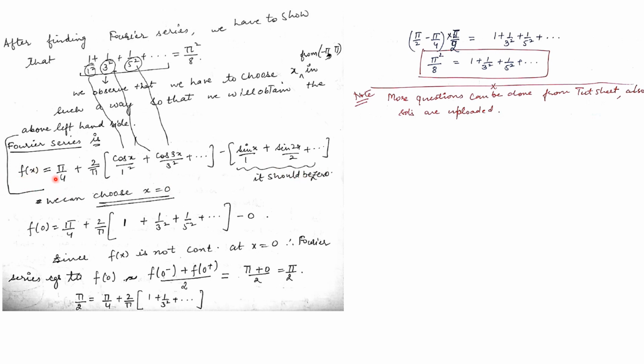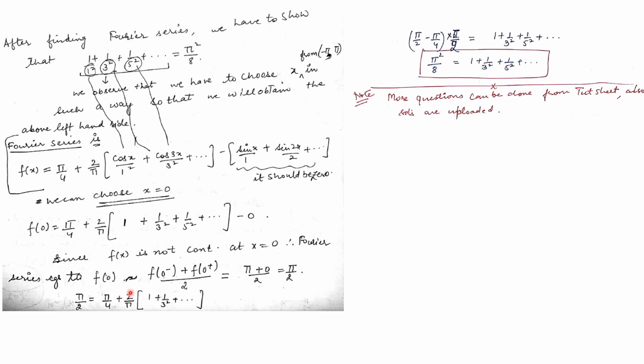So substitute the value 0, we get pi by 4 plus 2 by pi. The value of cos 0 is 1 over 1 square plus cos 3 0 is again 1 upon 3 square, and so on. And all these values are 0. Right? Now since the function is not continuous at 0, what will be the value of f0?